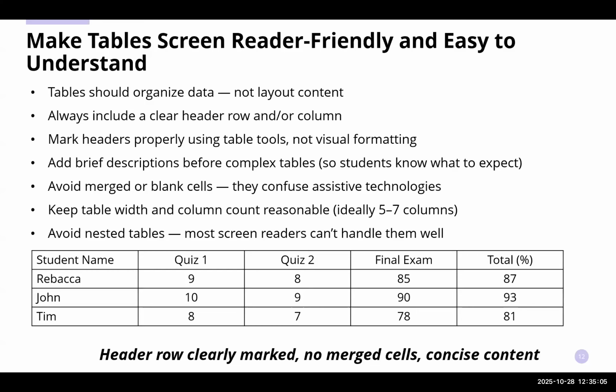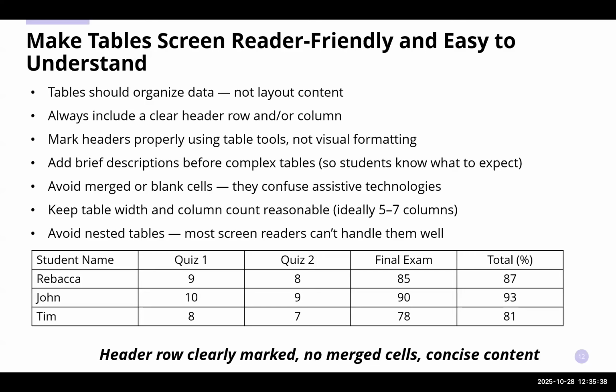This ensures screen reader users know exactly which cells are headers, so that your students using screen readers and other assistive technology can understand the structure and read the table correctly. Avoid merging cells or leaving blank spaces or columns. Those little adjustments can completely break the reading order and make the information really hard to follow.